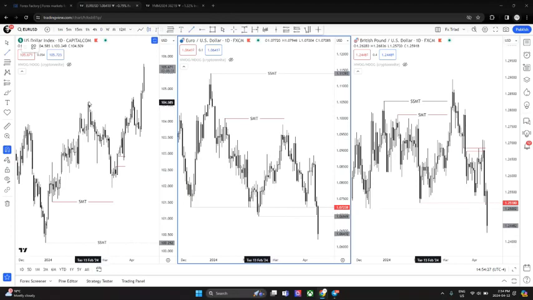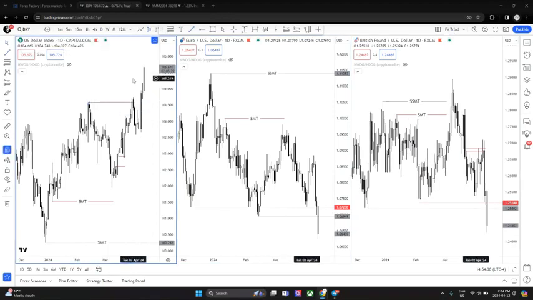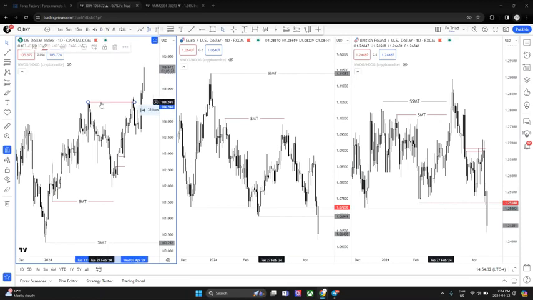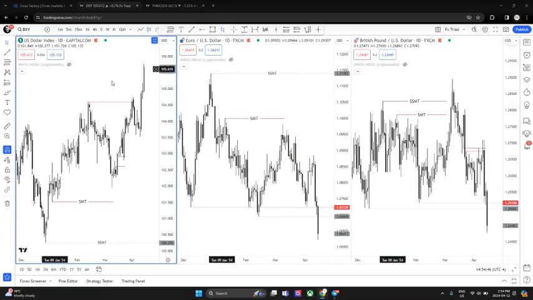This is not sequential SMT. It's too shallow. You need price to actually close above it, literally like this, and you need a beefy candle. It's better when you have at least 50% of the body of the candle above the high. Here you can see that this up close candle, the 50% was below.